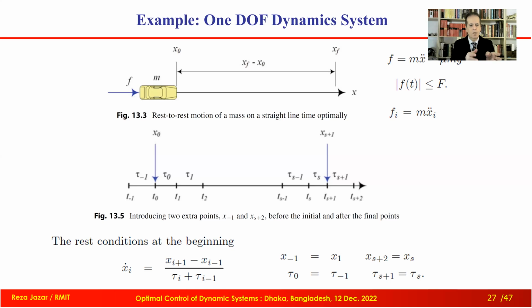Similarly, going to the end point, tau s and tau s plus 1 are equal, and x at ts is equal to x at ts plus 2. Although physically it's impossible, numerically we can substitute those values. These are given on the bottom that you can see.